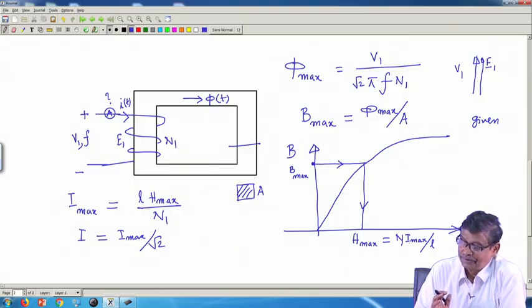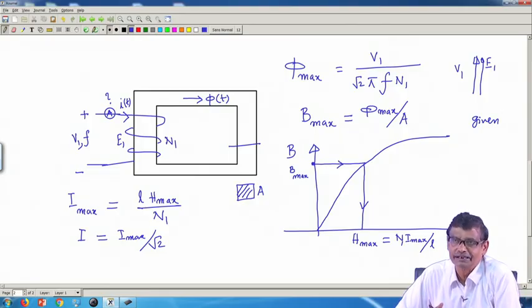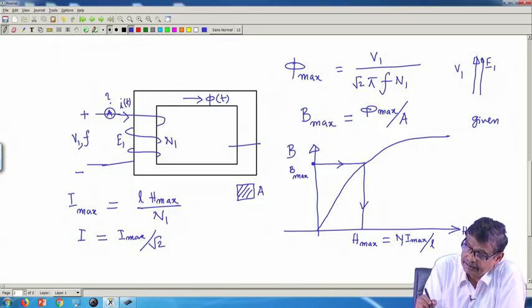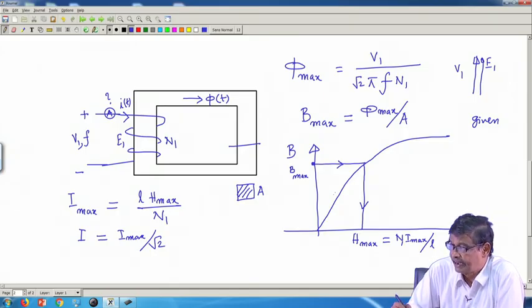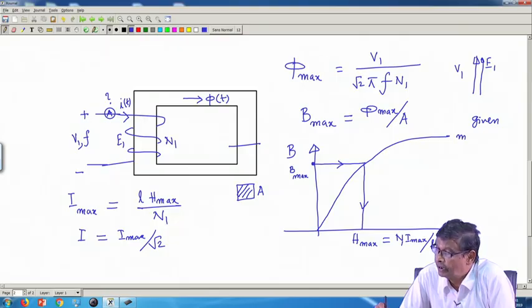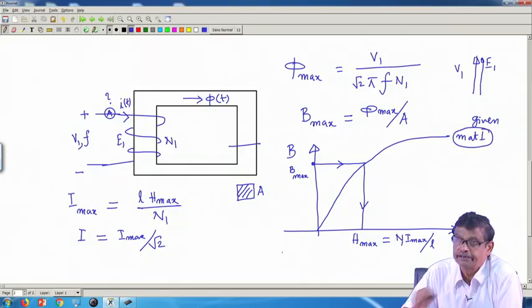Now, if you understand this part, then we really can discuss much more about an ideal transformer, although I have not used the term ideal yet, at least in today's lecture. Suppose I say that this magnetic material and its BH characteristic is this one. This is material 1, for which the BH characteristic is known.